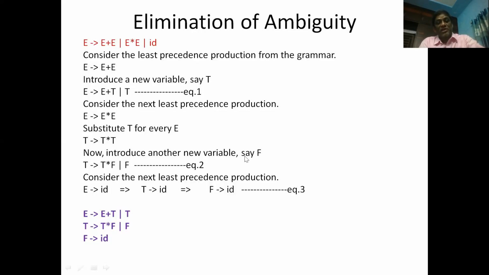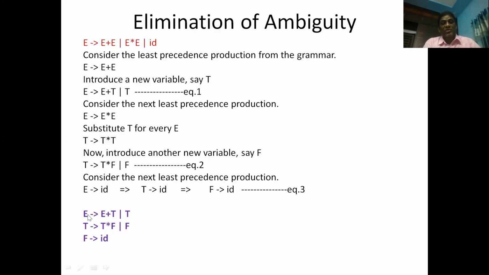And because we selected F for T, T is replaced by F, producing F implies ID. So altogether, E implies E plus T or T, T implies T star F or F, F implies ID. These three become the unambiguous grammar.